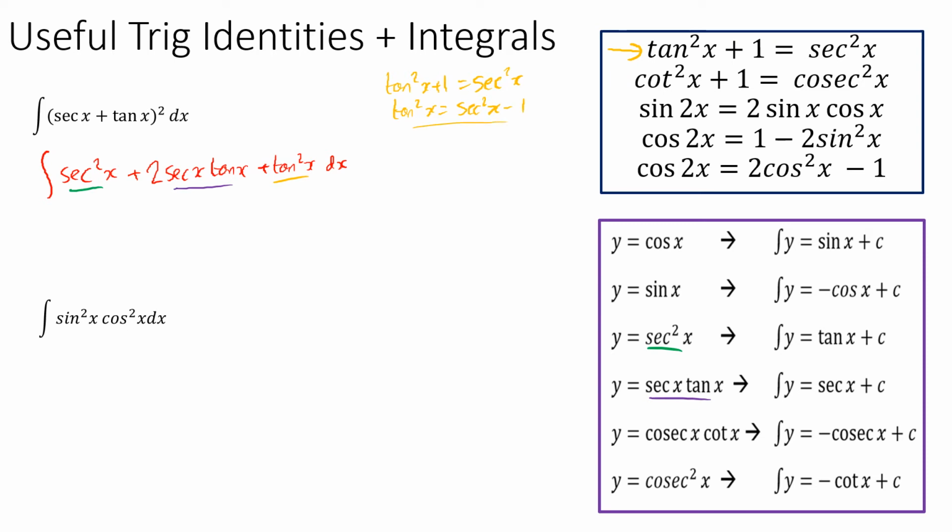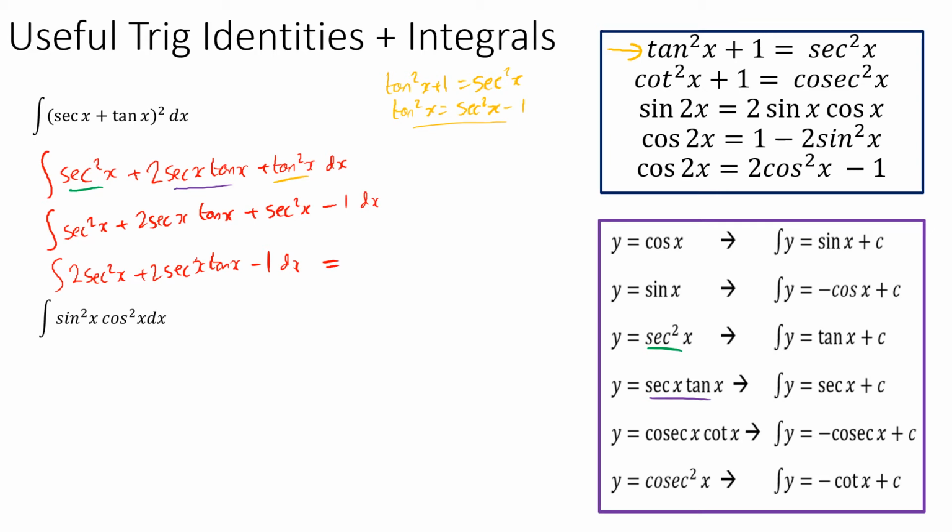So, tidying that up a little bit, we'll end up with the integral of sec squared x plus 2 sec x tan x plus another sec squared x minus 1, and you might well then just combine your sec squareds together and say this is overall the integral of 2 sec squared x plus 2 sec x tan x minus 1. What would that give us?